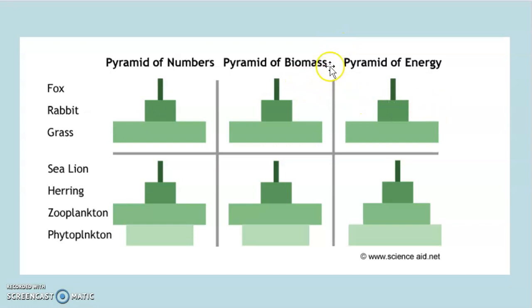If we look at pyramids of biomass, sometimes they can be really weird shapes. For example, here we've got grass, rabbit, fox, and it's got the pyramid shape that we would expect, because the biomass at the bottom is always going to be greater, and as energy is lost, there's going to be less biomass, and so on.